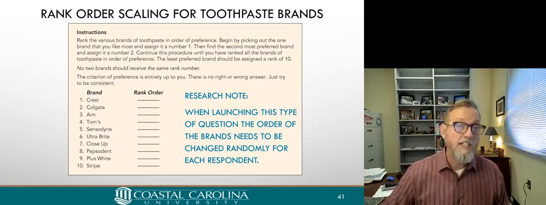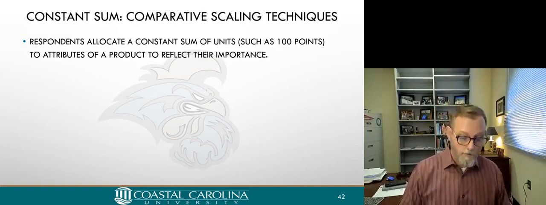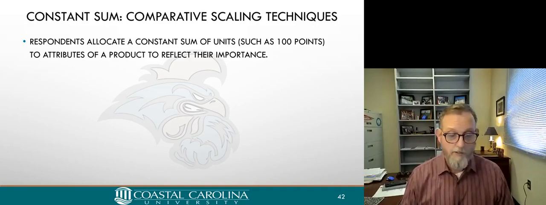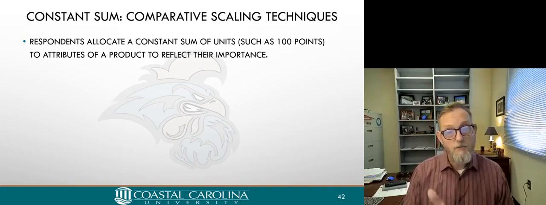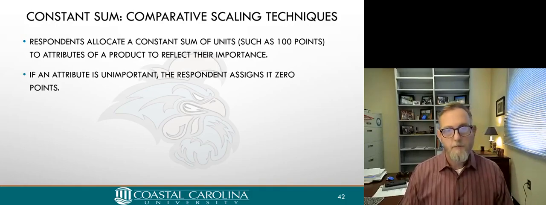Okay, number 3, another type is a constant sum comparative scale. In constant sums, we want to give the respondents a total number of points, if you will, and then let them distribute the points across the different options that are provided.